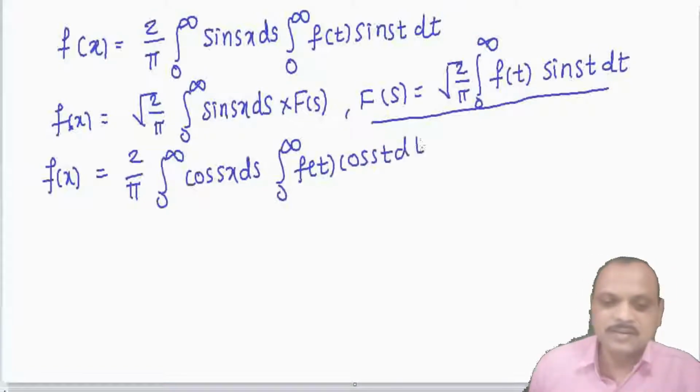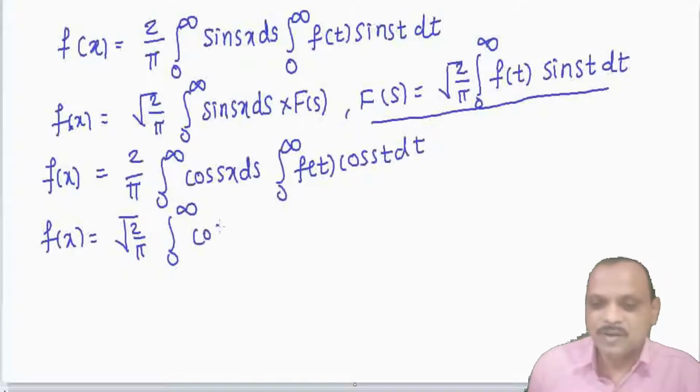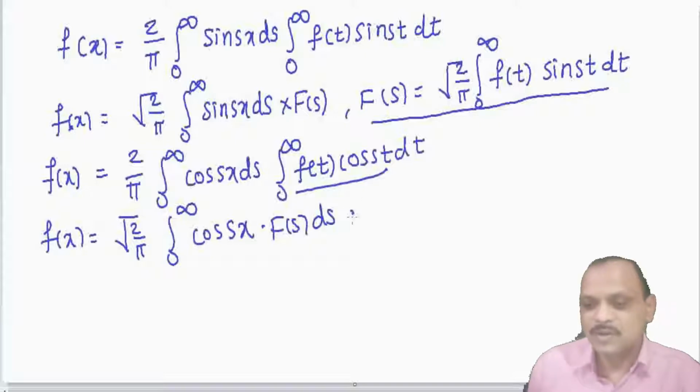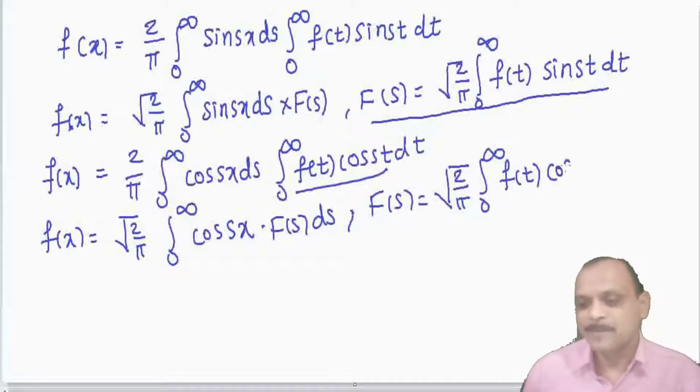By a similar technique, f of x equal to under root 2 divided by pi integration 0 to infinity cos of sx into capital F of s into ds. What is capital F of s? Capital F of s is equal to under root of 2 divided by pi integration 0 to infinity f of t cos of st dt.